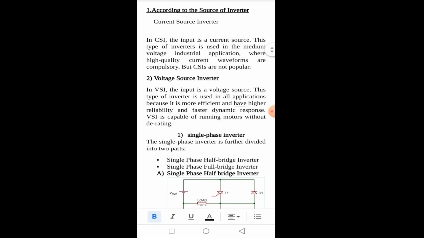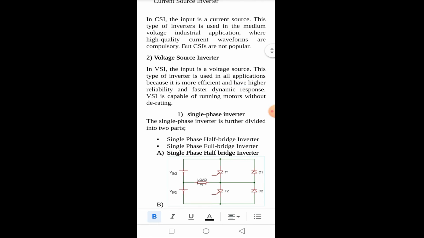In a voltage source inverter, the input voltage is constant. This type of inverter is used in all applications because it is more efficient and has higher reliability and faster dynamic response. So first let us see about the voltage source inverter.